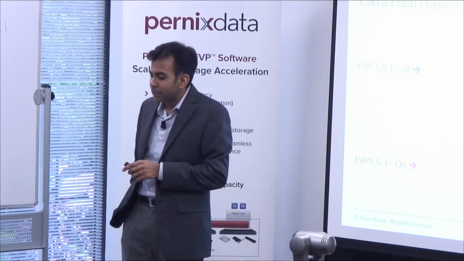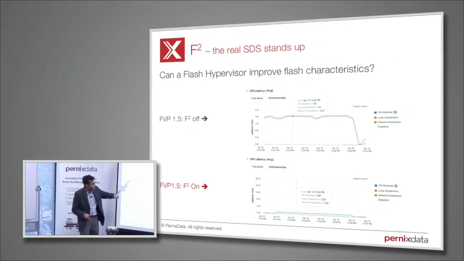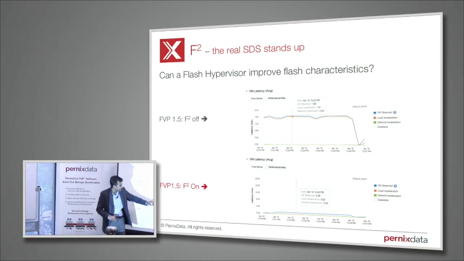So this is IOPS, but the same experiment from a latency point of view. Unfortunately the y-axis went out of whack between the two results, so don't worry about the exact curve. Worry about this part.